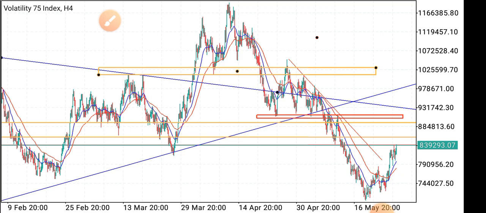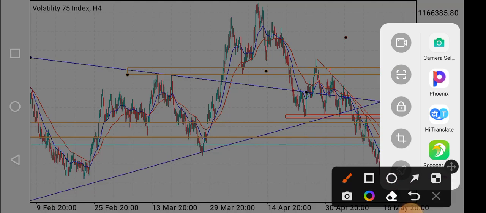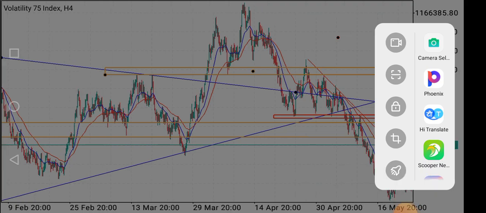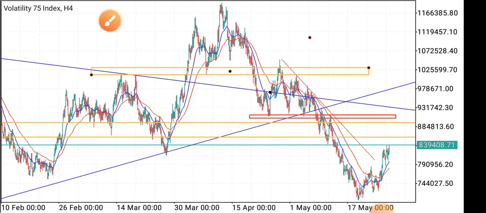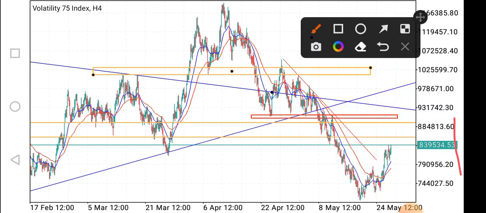Right now, because the market is buying, there's probability the market may pull back from here. There's every chance that the market might decide to pull back from here. Let me show you. From this spot here, it may decide to pull back like this. Are you getting it? May decide to pull back because there's a resistance here already waiting for us.